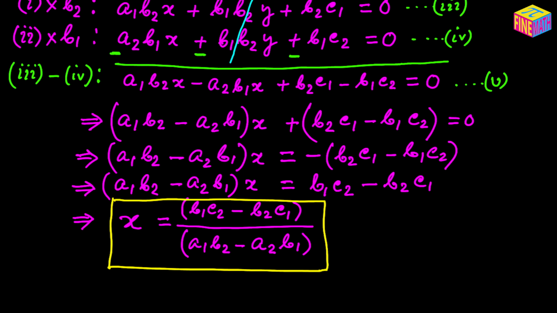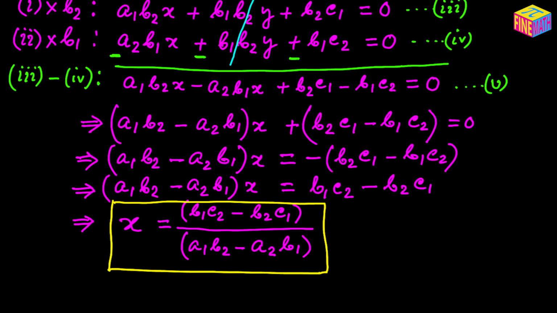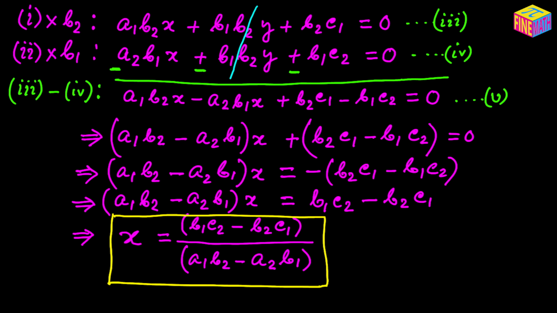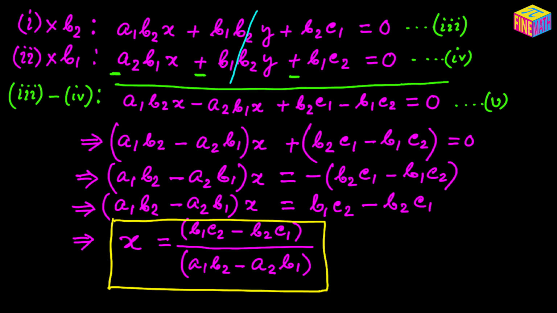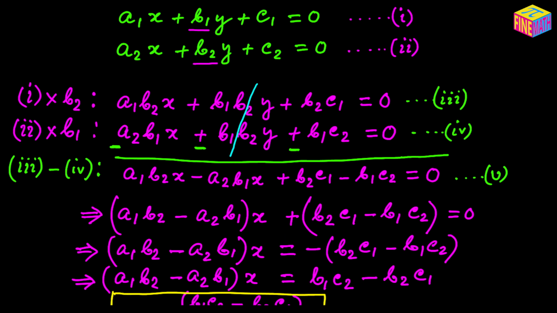Now let's try the same elimination method to calculate the value of y. We are going to take a similar approach, but this time we are going to eliminate x so that we can find the value of y. So let's go back to our original two equations here. This time we want to eliminate x. So somehow we have to make the coefficient of x the same between the two equations, right?